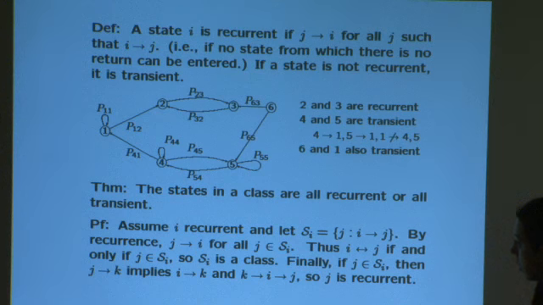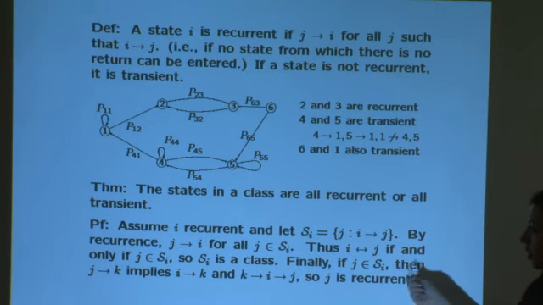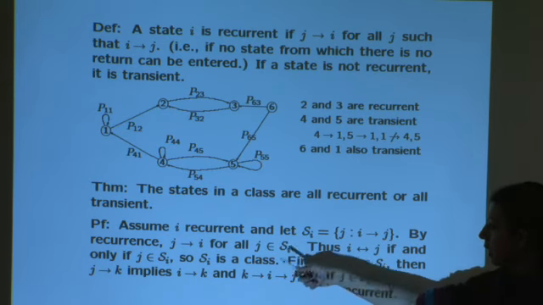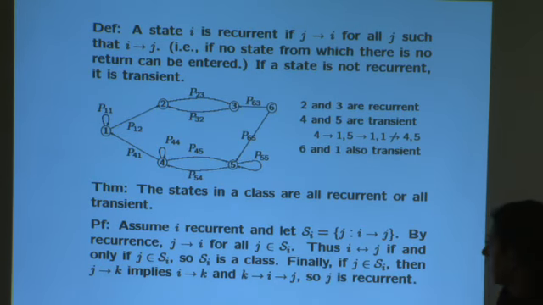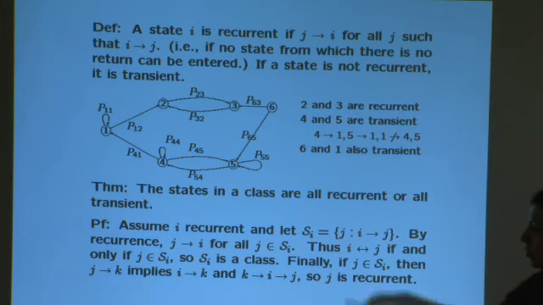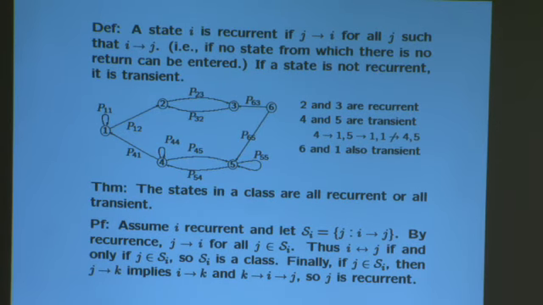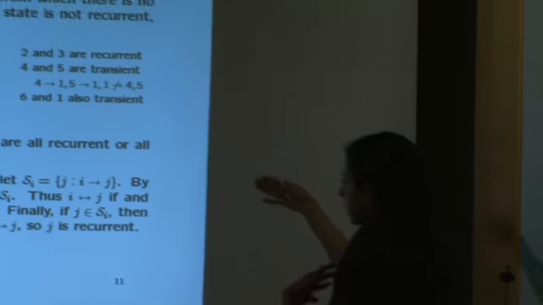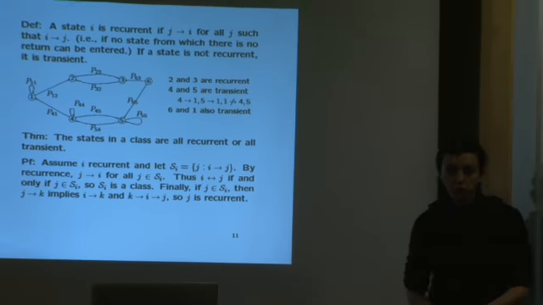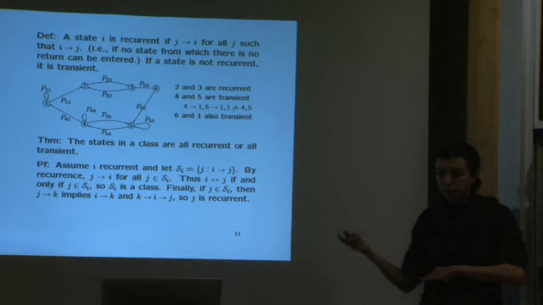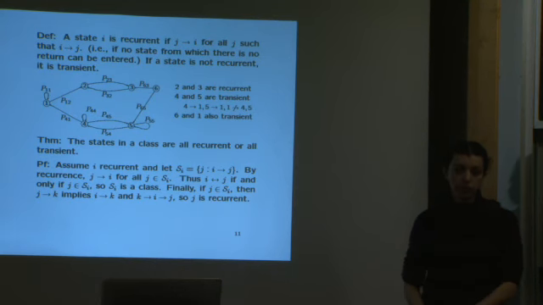So i and j communicate with each other if and only if j is in this set. So this is a class, the class that contains i, where state i is its representative. And actually, any state in a class can be its representative. It doesn't matter.